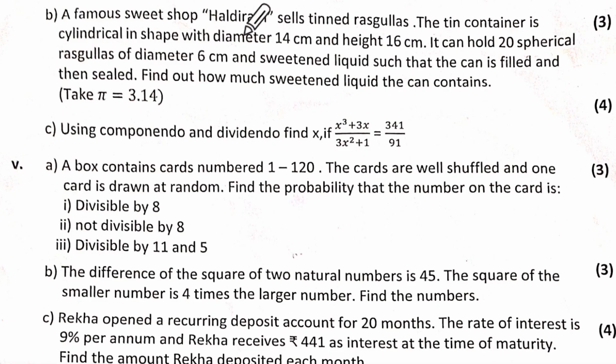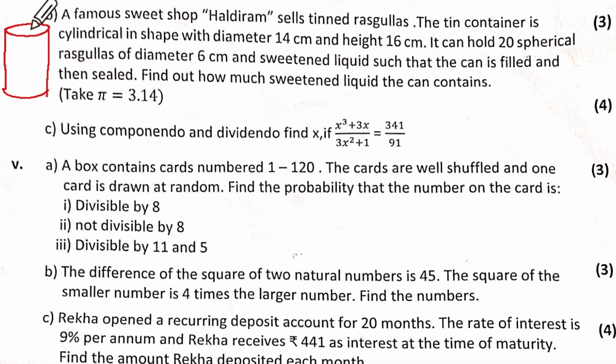Oh, the container also is in the shape of a rasgulla? No, it's a cylindrical thing. Okay, this question is kind of similar. Pardon me, I think I solved this question sometime before. We will solve it once again because every question has to be done 10 times, right?